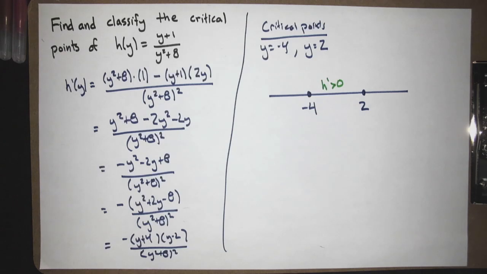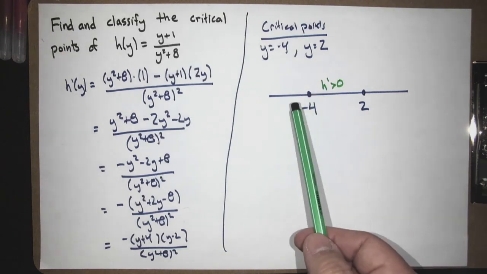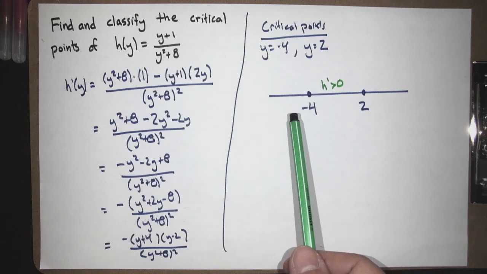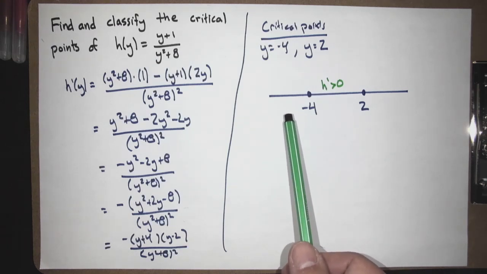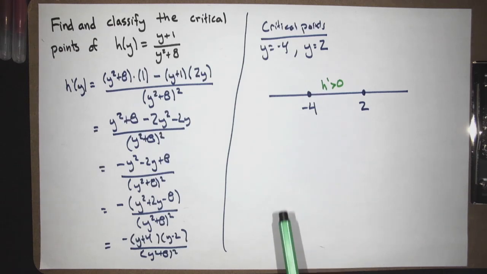Okay, do you want to do the right interval or the left interval? Left. All right. What's the number below negative 4? Negative 5. I know you're thinking, oh, I got to pick the right number because if I don't, it's going to give me a weird answer. No. Any number. Just pick a simple one if you can.